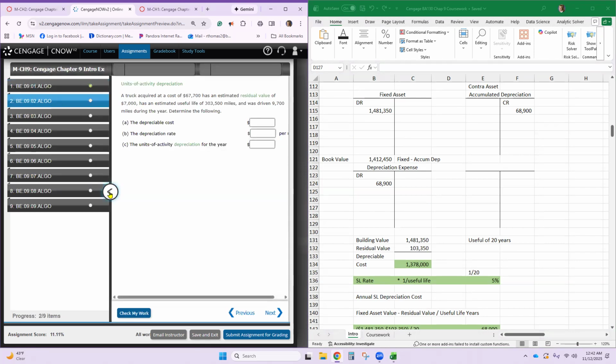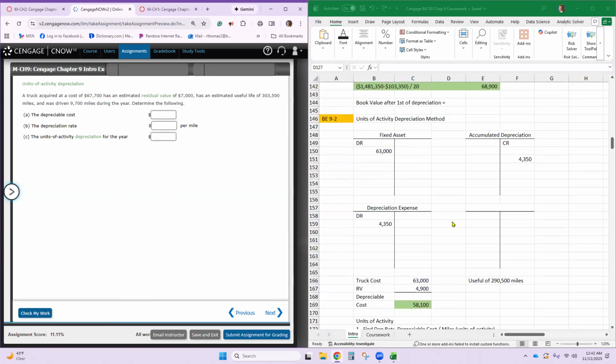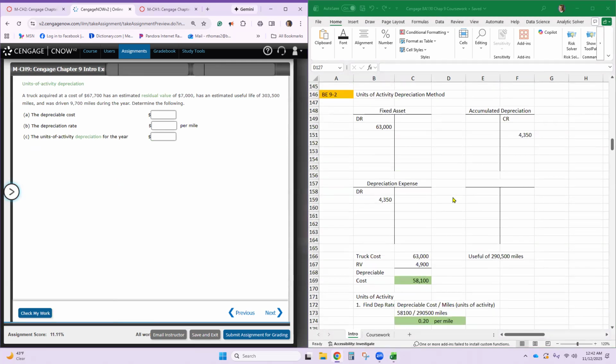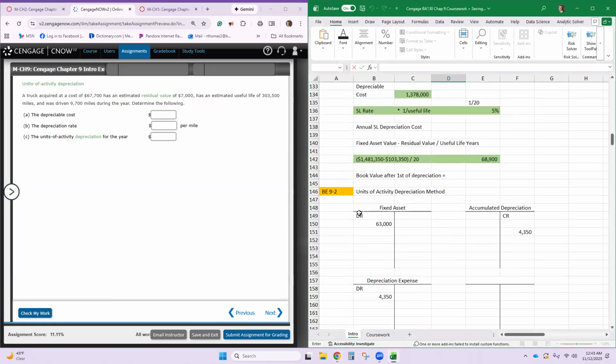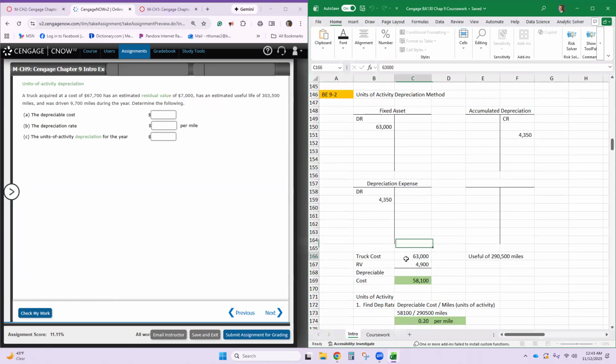Now let's go to units of activity. A lot of times units of activity is for a piece of machinery or equipment. In this case, it's a truck. A truck is acquired for $67,700, so we're going to put that amount here. The amount of the residual value is $7,000.